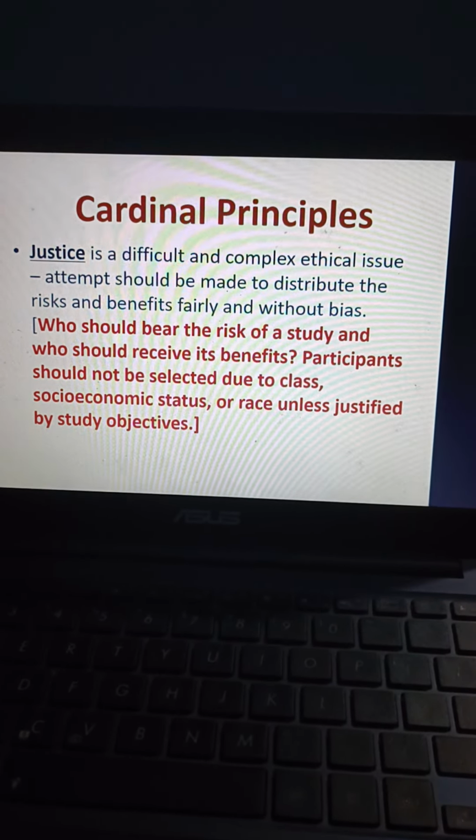So ICH topics: Q for quality, S for safety, E for efficacy, M for multidisciplinary. The ICH GCP E6 glossary, principles, ethics committees, investigators, sponsors, protocol, investigator's brochure, essential documents, all are given in this ICH GCP E6 guideline.